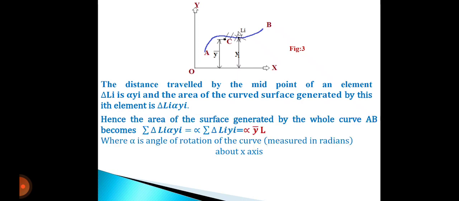Hence, the area of the surface generated by the whole curve AB becomes the summation of del Li alpha yi, that is alpha summation of del Li yi, which equals alpha y bar L, where alpha is the angle of rotation of the curve measured in radians about the x-axis.